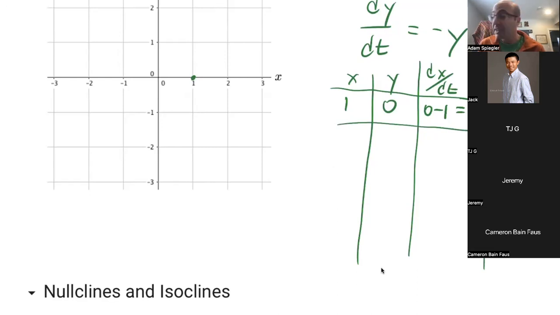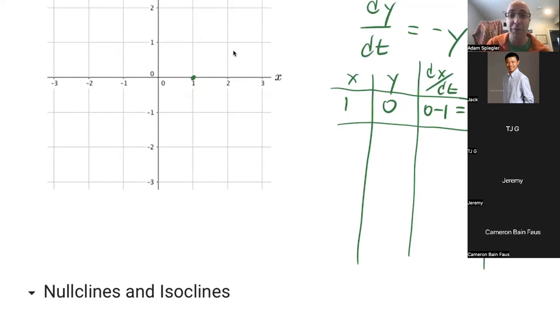So what would this vector look like in the phase plane that I'm going to draw at this point right here? I'm still allowed to ask questions, I think. So we've got the point (1, 0). We found out that the slope in the x direction is minus 1, and the slope in the y direction is 0. Feel free to chat it in.